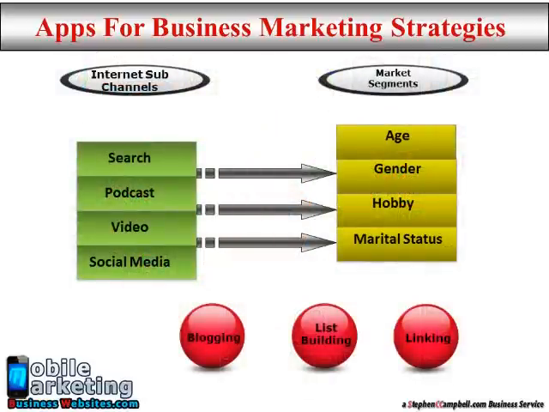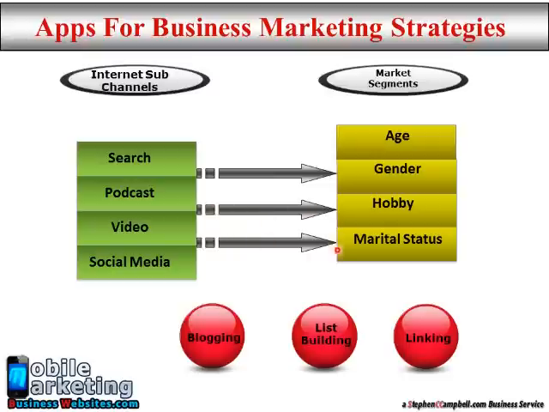So looking at this from a pictorial point of view, we have here your internet sub-channels, and we have people, of course, who open up their computers and they go to the search engines. They may use this to find you. You can use podcasting channels to communicate with your clients. Video marketing is very, very important these days, of course.